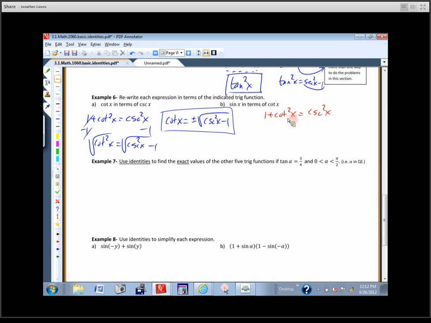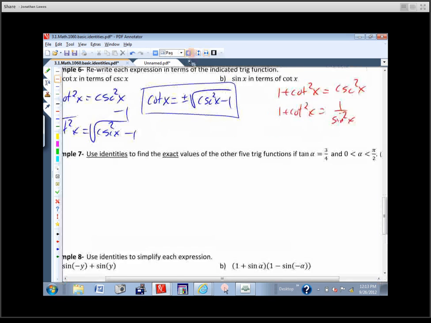This has cotangent. What's cosecant squared? Can you rewrite that? Isn't that 1 over sine squared? So I'm going to write 1 plus cotangent squared of x equals 1 over sine squared of x.